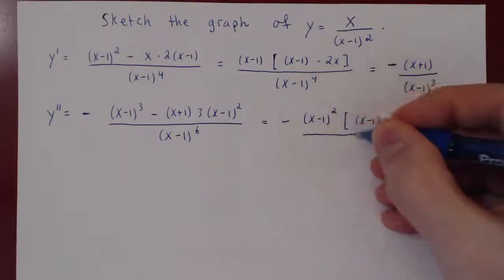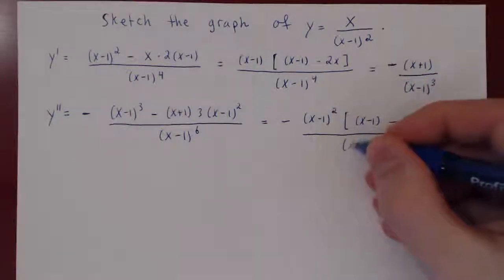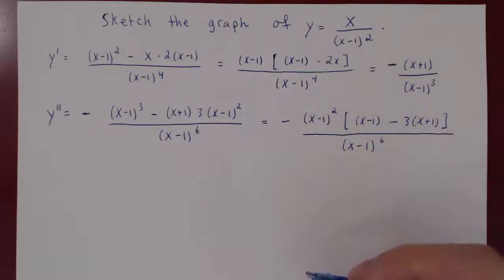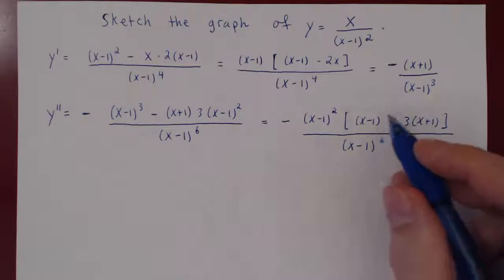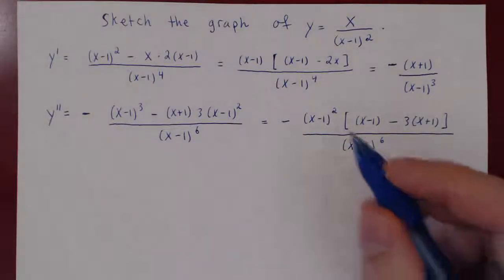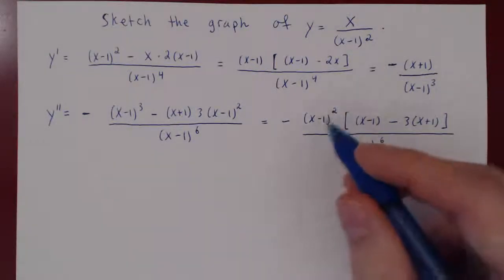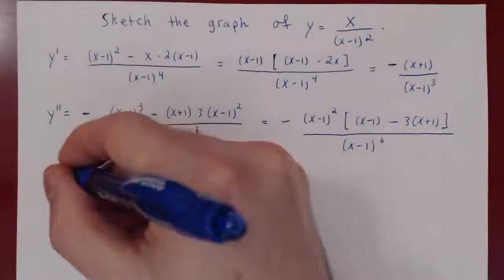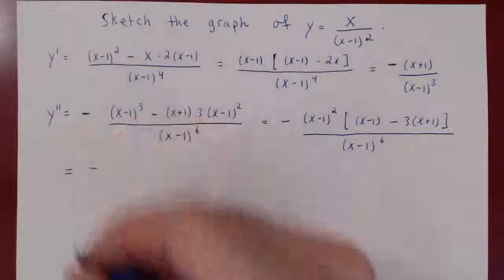And this is, of course, all over (x minus 1) to the 6th power. We can now simplify this term and cancel an (x minus 1) squared on top and on the bottom. And so we are left then with negative.